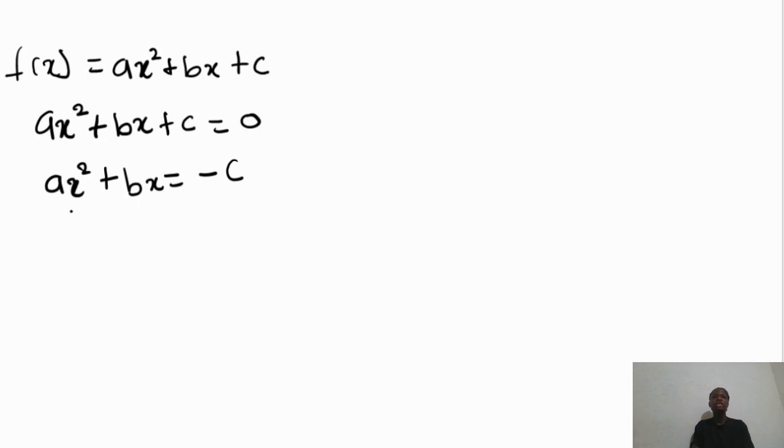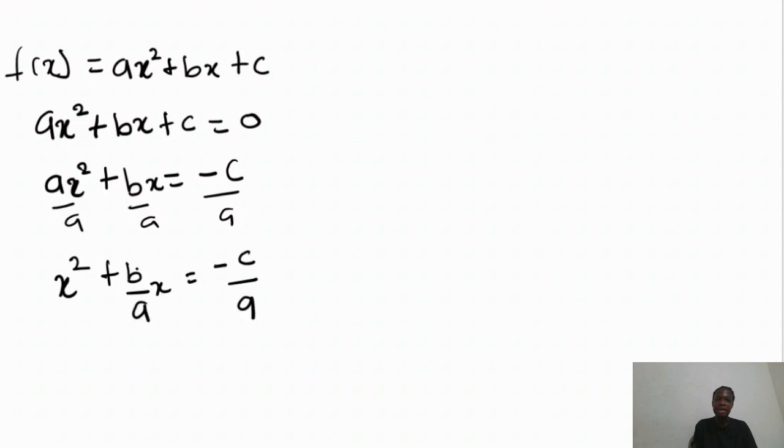So we are going to divide each term of the equation by a so that the coefficient of x squared can be 1. Now a is going to cancel a here. So we are going to get x squared plus b over a x equal to negative c over a.